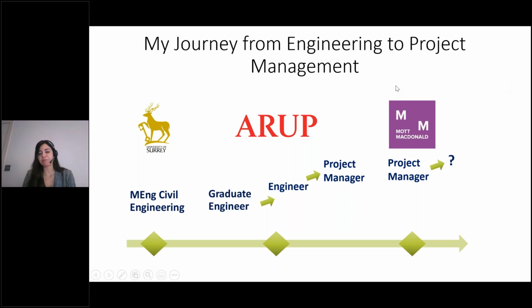And instead of just being part of only a section of the project, I wanted to be involved in projects from a strategic point of view and to be able to influence the strategy of the project and be part of the holistic process of developing a project, as well as coordinating different teams and stakeholders, which are all responsibilities of a project manager. So therefore, I progressed to become a project manager first within Arup, and now I'm a project manager with Mod McDonald. Next slide, please.